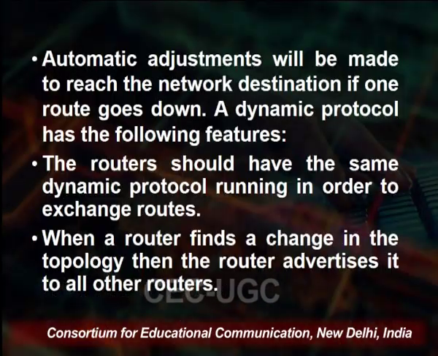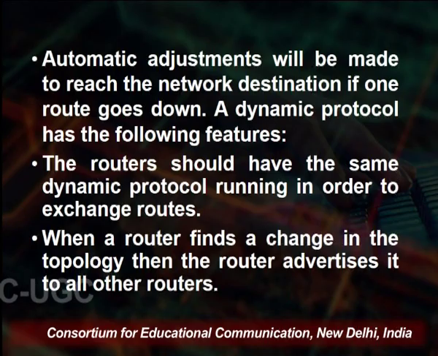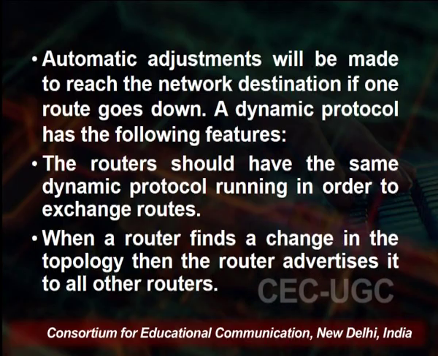Also, if one route goes down, it will take another route, because dynamic routing has the following features. The routers should have the same dynamic protocol running in order to exchange the routes whenever one route is down and another is to be opted for.